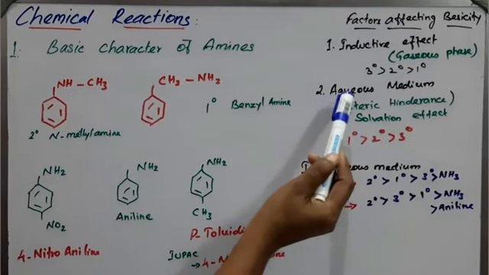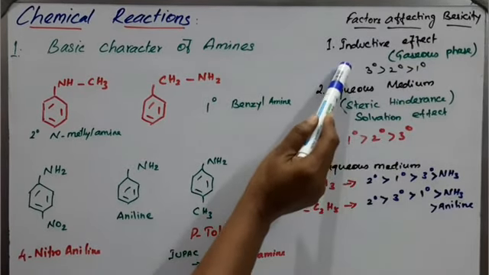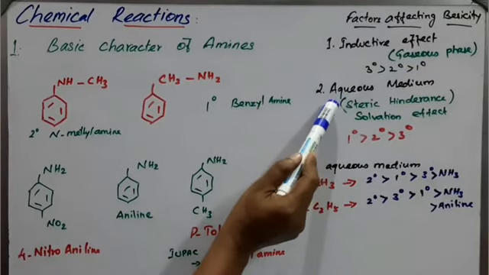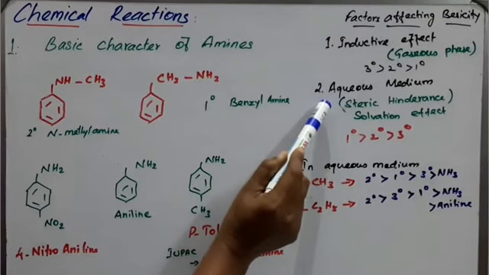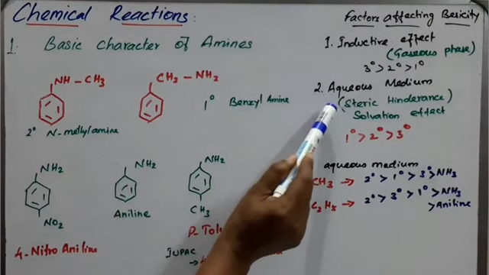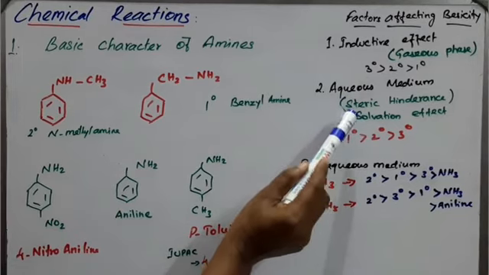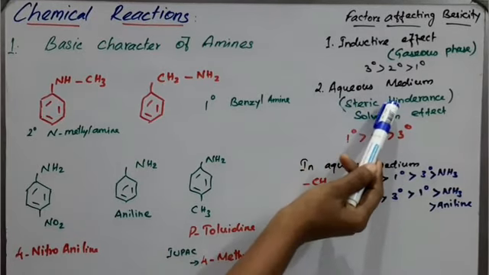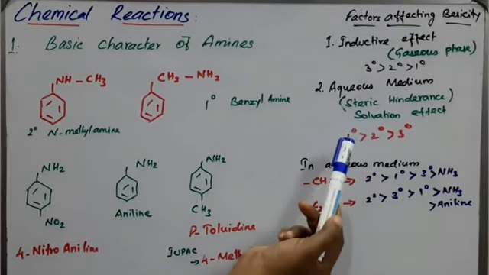Okay, in aqueous medium, the inductive order is not suited because of the H plus proton forming the conjugate acid. Here we speak in terms of steric hindrance and solvation effect.